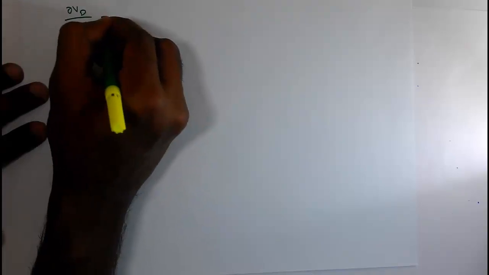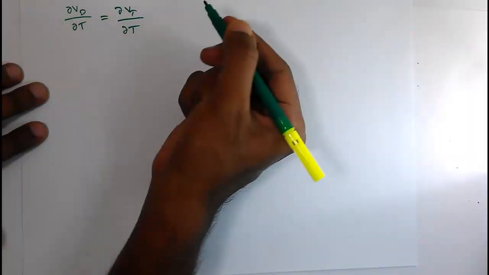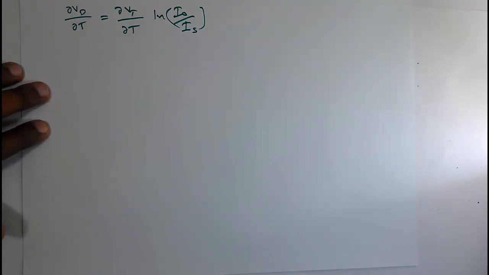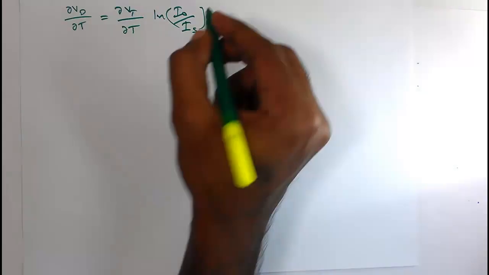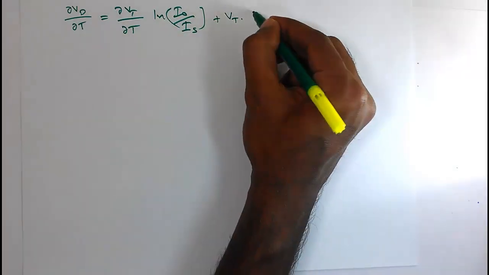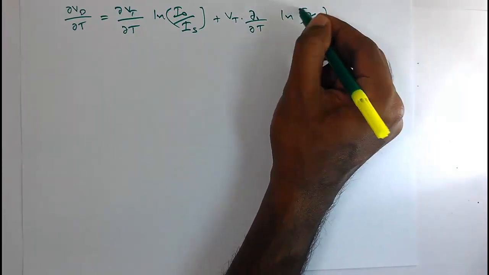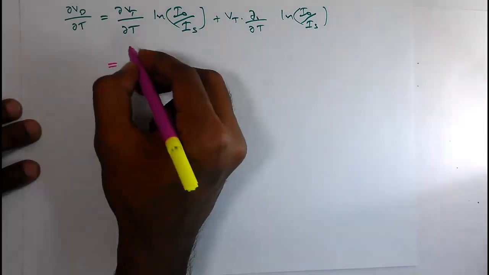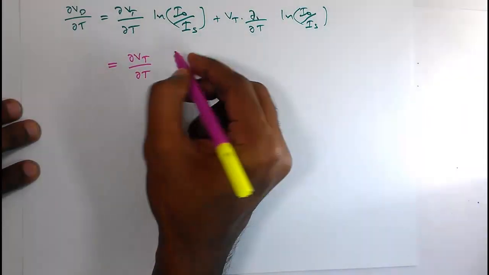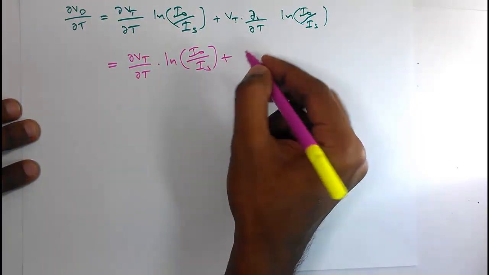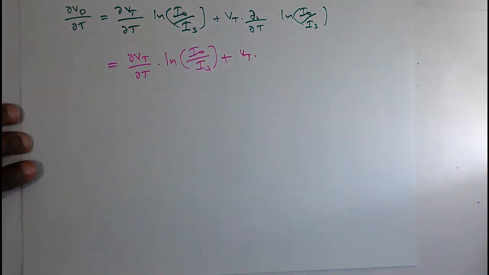So we got dou Vd by dou T equal to dou Vt by dou T into ln I0 by Is plus Vt into dou by dou T of ln I0 by Is.